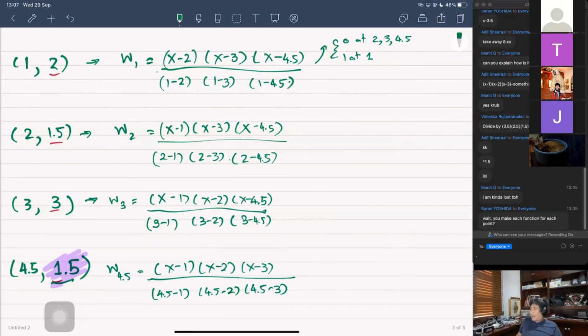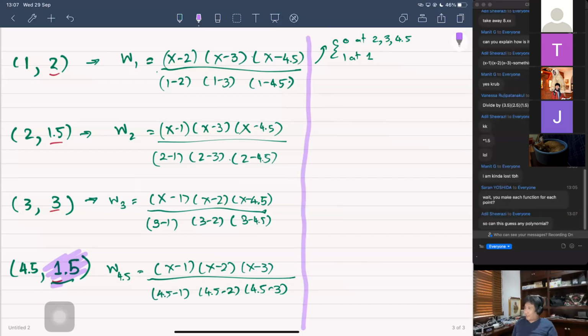Okay, right, exactly what was just said: each of these functions is correct at exactly 1 point. But our real goal is to make the function that is correct at every single point. I'm pretty sure some of you see it now. What should we do? It's a yes answer, but you need to know how to combine it first.